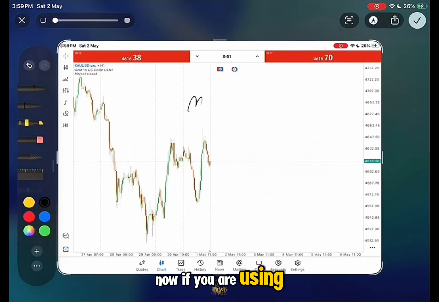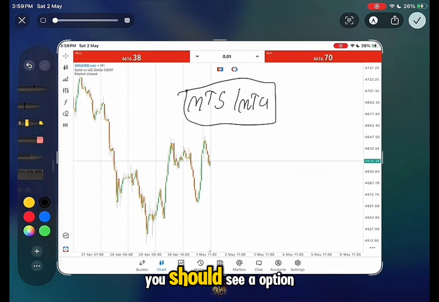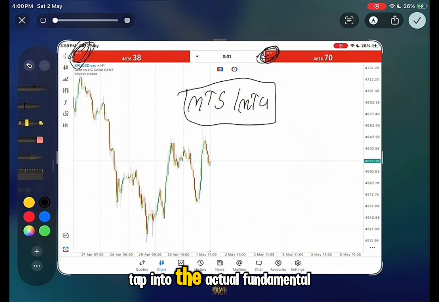Now, if you're using your MT5 or MT4, whatever you're using, MetaTrader, you should see an option that says sell and buy. What is sell and buy? Well, I'm not going to tap into the actual fundamentals so deep, because I don't think you guys will understand this at this point in time.